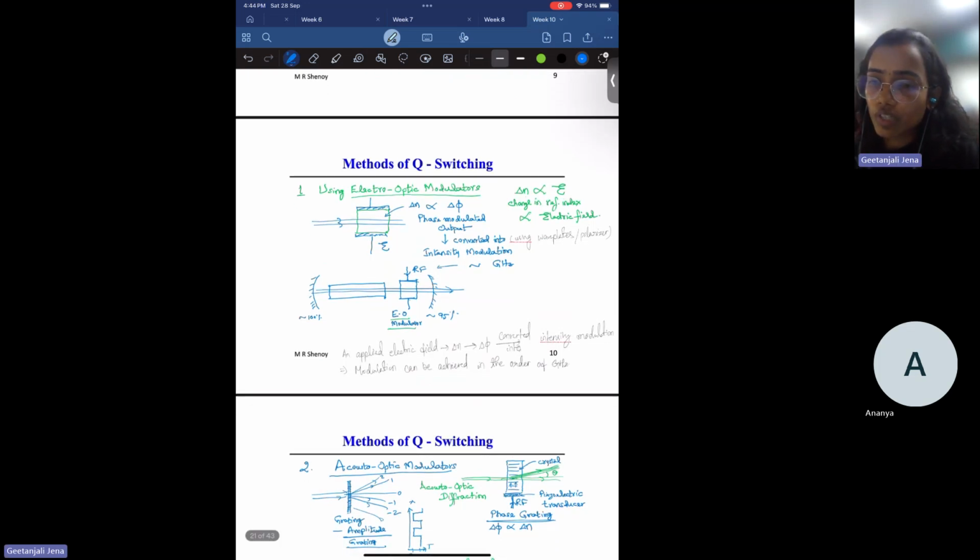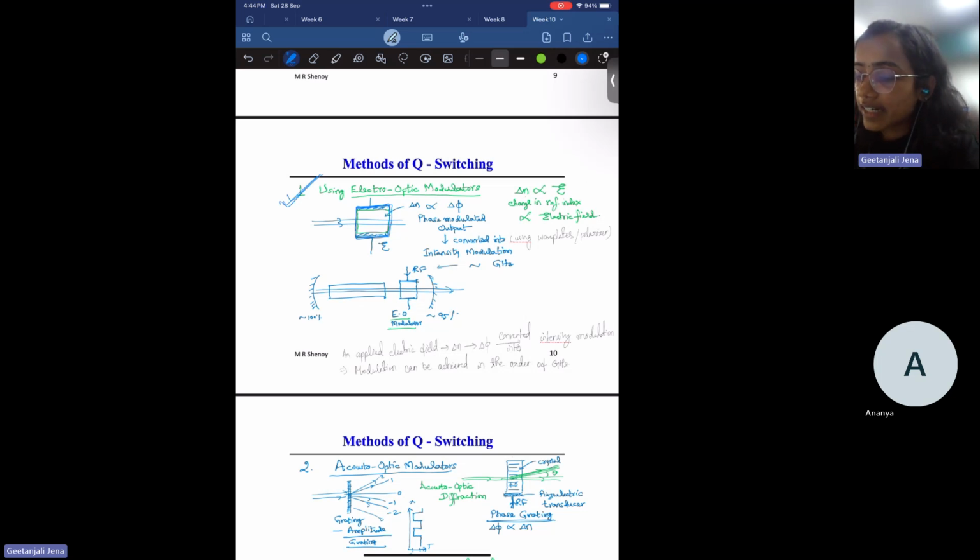For cavity dumping, you can easily change the reflectivity of mirror M2. But let us see how you can change the transmittance of the intracavity modulator. For this case, one option is the electro-optic modulator. If you see this figure, there is a material that behaves like an electro-optic modulator. What happens in this electro-optic modulator?